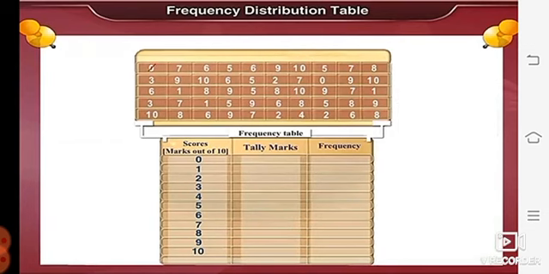First score is 0, so we will put a tally mark corresponding to 0 in the second column. Second score is 7, so we will put a tally mark corresponding to 7. Third score is 6, so we will put a tally mark corresponding to 6. Fourth score is 5, so we will put a tally mark corresponding to 5. Fifth score is 6, so we will put a tally mark corresponding to 6 near the tally marks written earlier. We will continue in this manner.